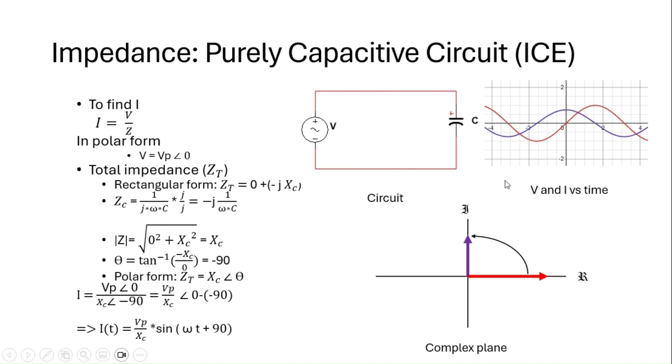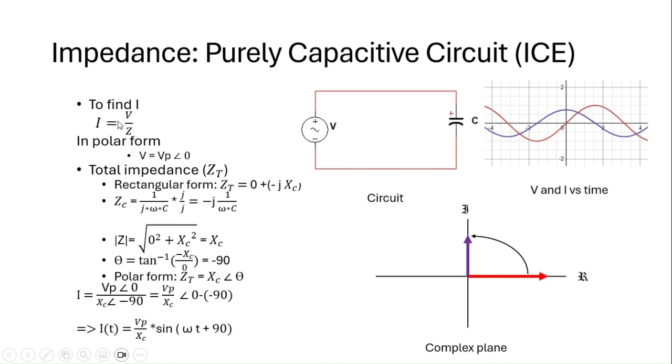So the only thing that could have caused the current to start here on the y axis, or the imaginary axis, is that something with the capacitor caused that, and so that had to be related to a y component.